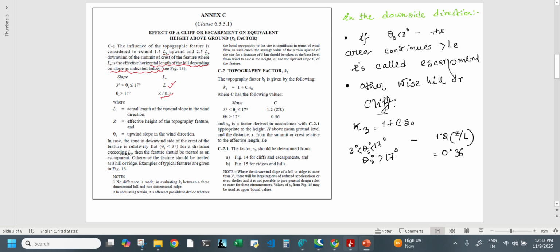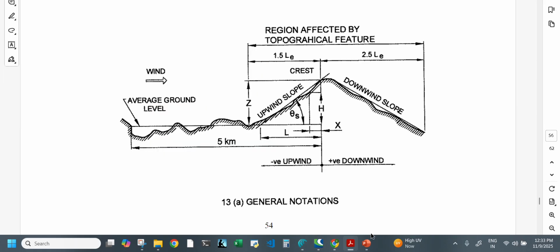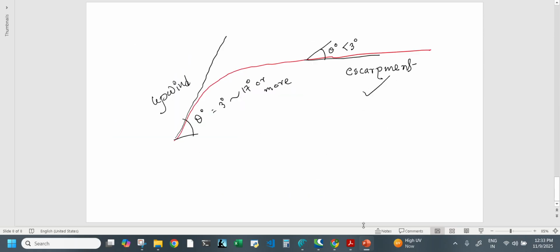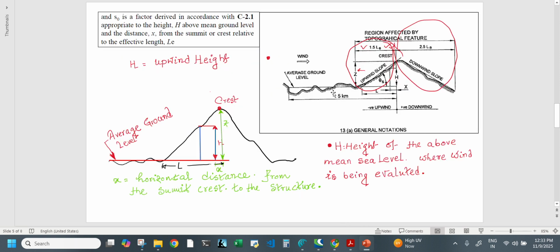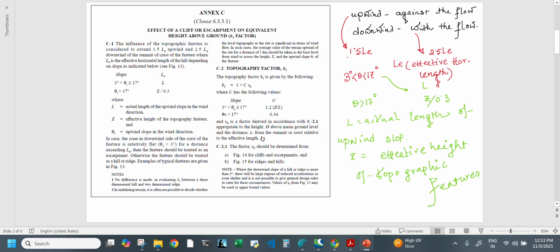That means suppose this is the crest, and this theta is less than 3 degree for more than LE, then the feature should be treated as escarpment, otherwise the feature should be treated as hill or ridge.